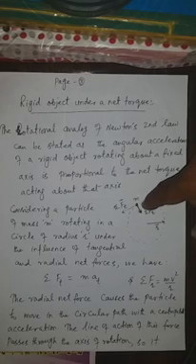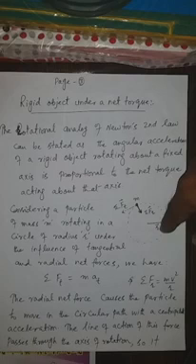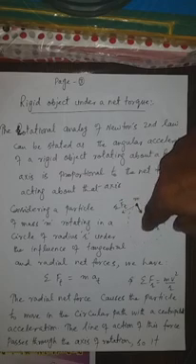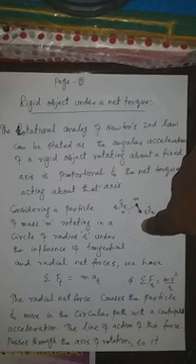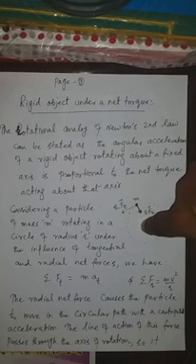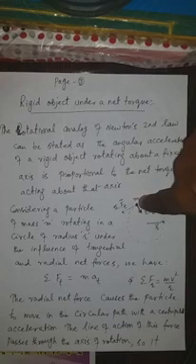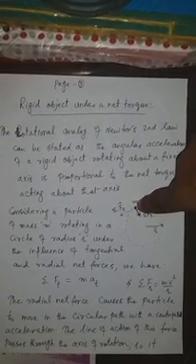This is the path of the circulation, and here is the central point, the pivot point. This is the particle and its mass is m.